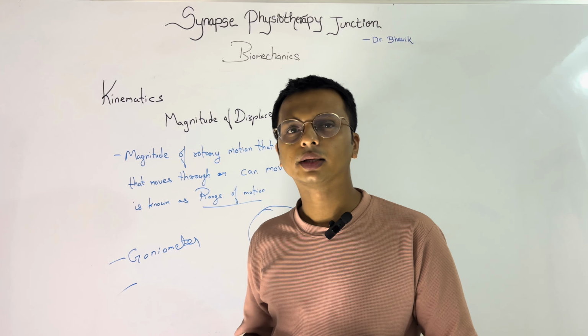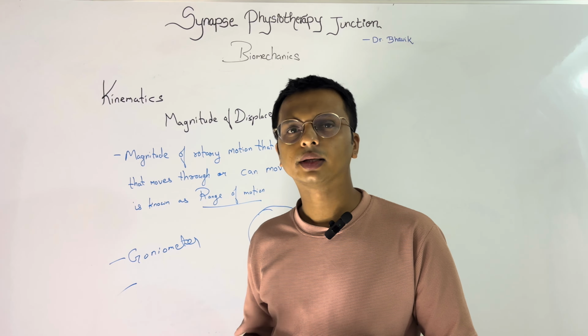All these units, degree, meter and millimeter, are according to the international standard of units, which we will use in measurement of the displacement of movement, either rotary or translatory.